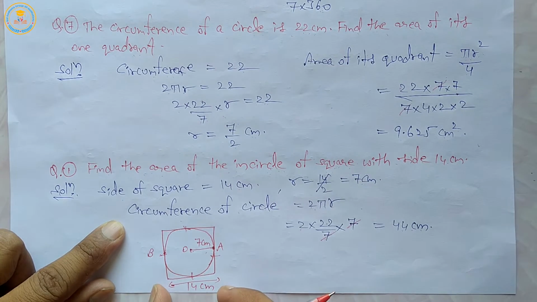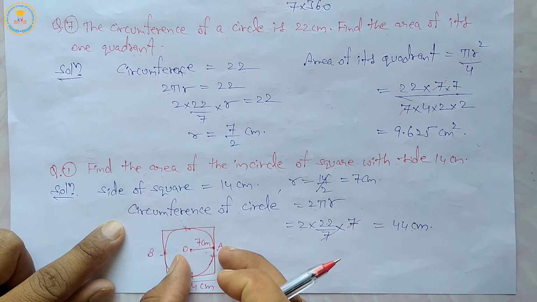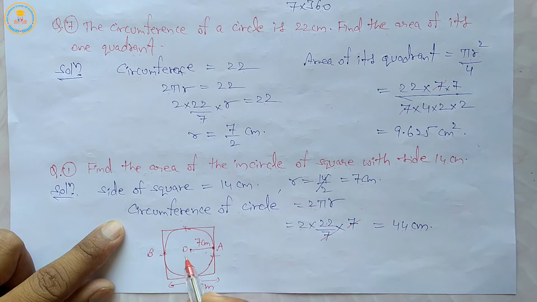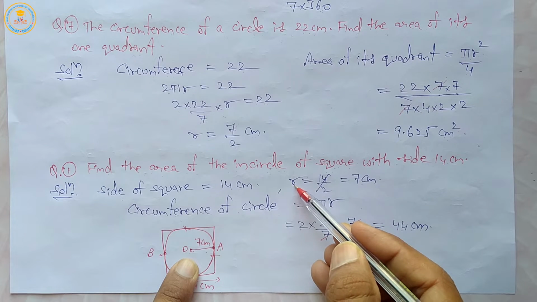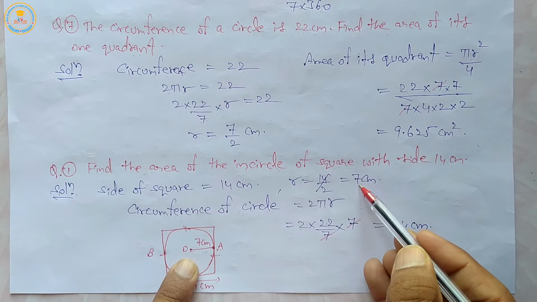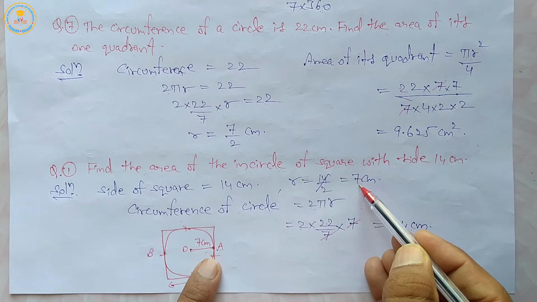It means 14 divided by 2, which is 7, and 7 is the radius of the circle. So r equals 14 divided by 2, which is 7. 7 is the radius of the circle.